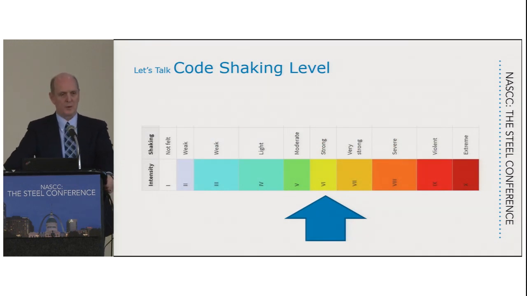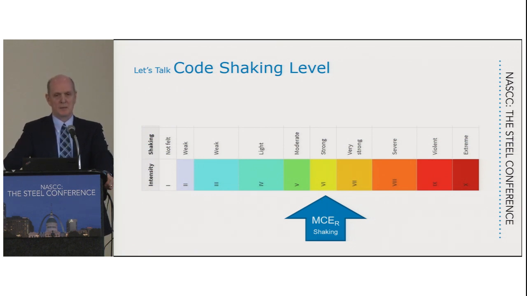So this arrow represents a level of shaking that the code writers have to determine. They have to pick for the code a level of shaking. They call that level of shaking the MCE with the subscript R, meaning risk reduced. Now MCE was developed back in the 2000 IBC building code.